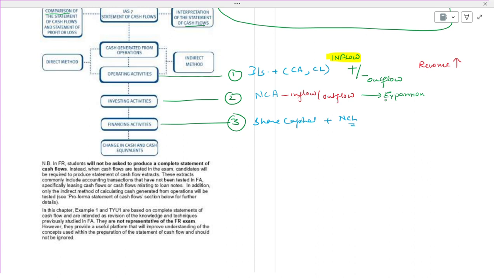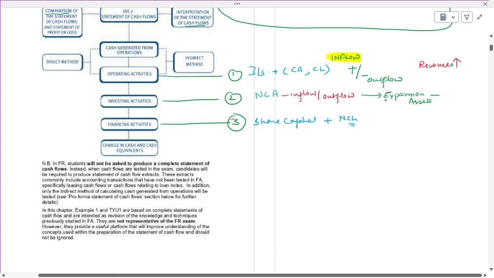It is a good sign. Whatever revenues you get, you are using them very positively. You are expanding the business. When you expand the business, it means you are investing in assets. When you are investing in assets, it is not an inflow, it is an outflow.